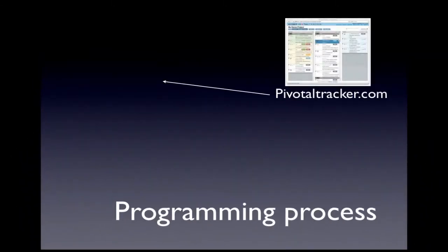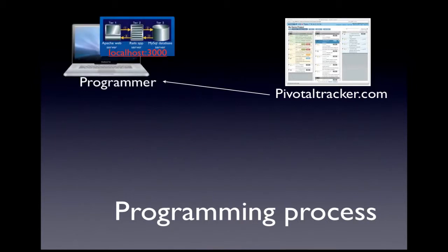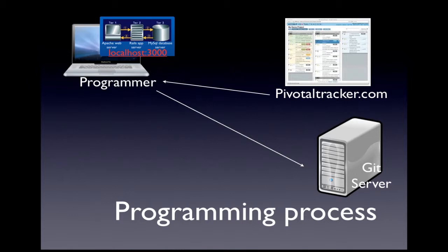Now, previously, I've shared with you this slide about how the programmers get their highest priority task from Pivotal Tracker, and they write the code, and then they commit the code to our Git source code repository on the Git server.